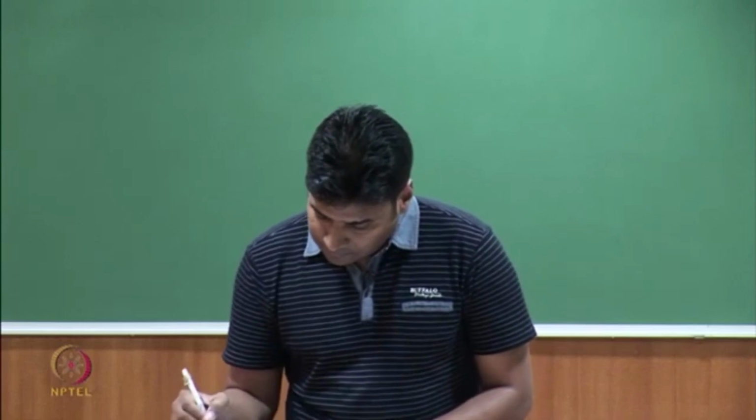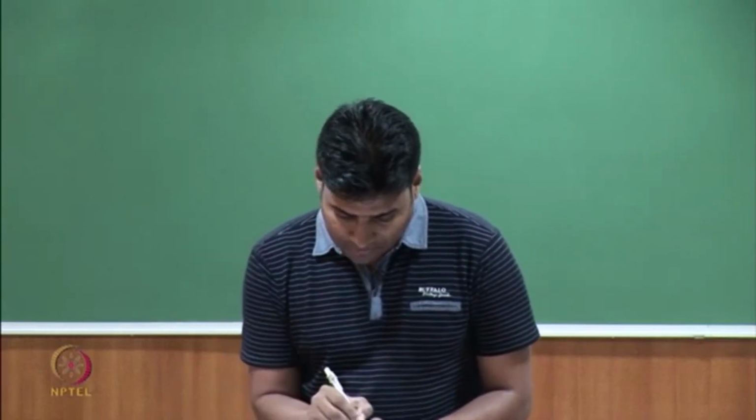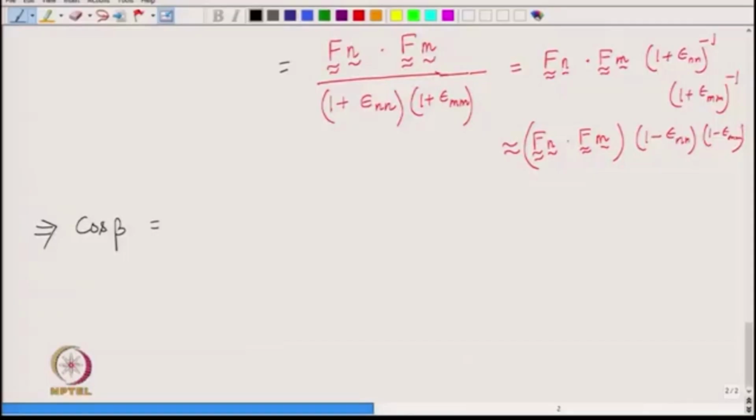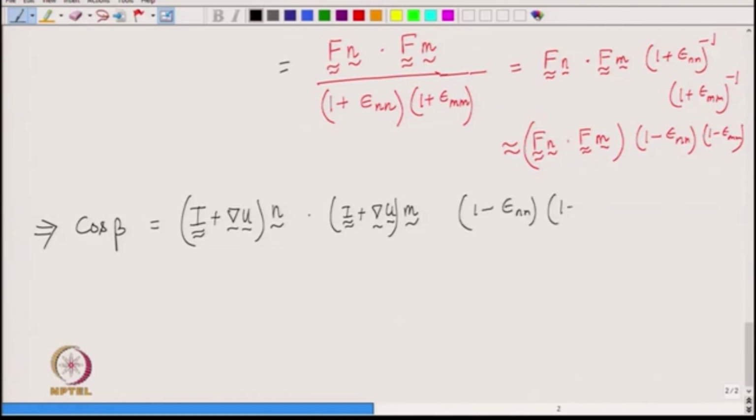So, this implies cos beta is then finally identity plus grad u into n dotted with identity plus grad u into m times 1 minus epsilon n n into 1 minus epsilon m m.